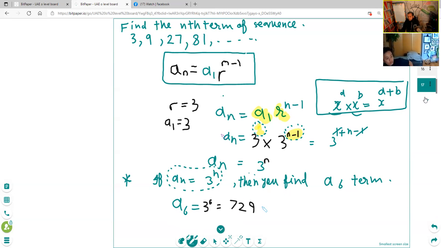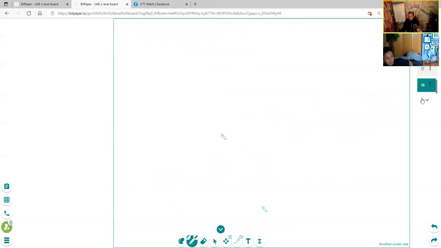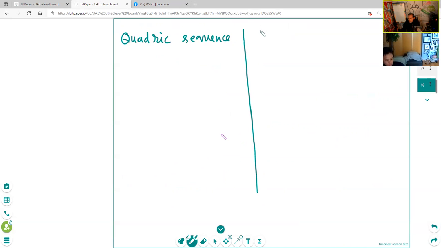Okay, so we study quadratic sequence. What is a quadratic sequence? Quadratic sequence and cubic sequence are both the same, but there is some difference.